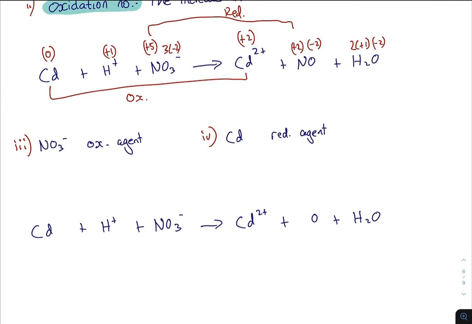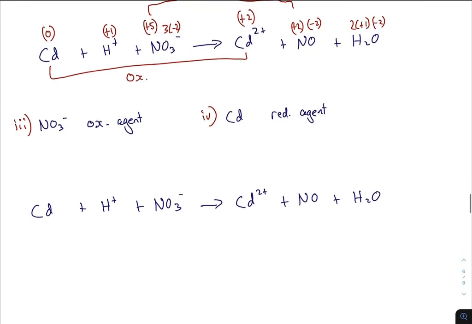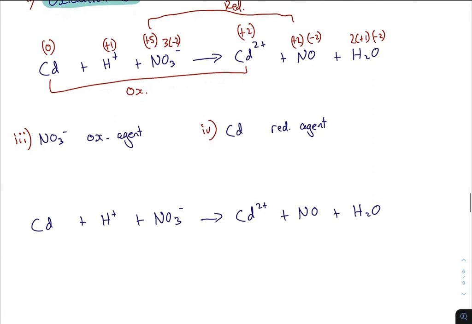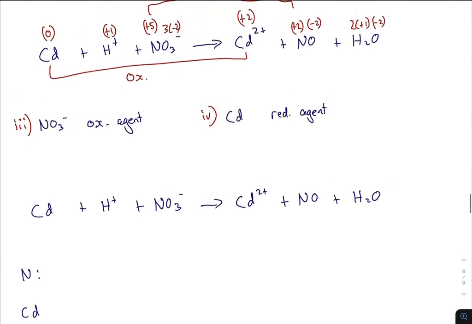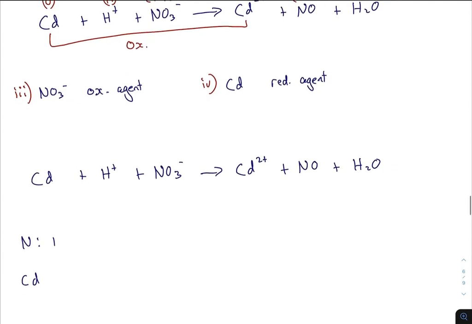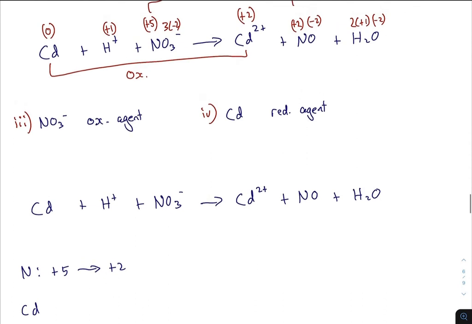You write down at the bottom here what the oxidizing agent and the reducing agent are. Nitrogen really is the key here as the oxidizing agent. So I just write down nitrogen and cadmium. My difference for nitrogen is going from +5 to +2, and cadmium there is 0 to +2.